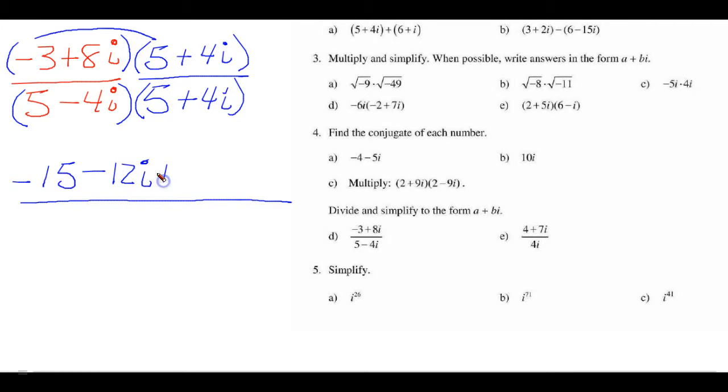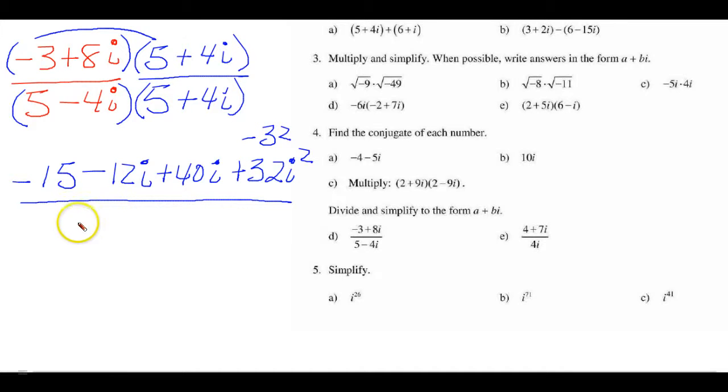Inners a positive 40i. And last, a positive 32i squared. And we know this is going to end up being a negative 32. Okay.